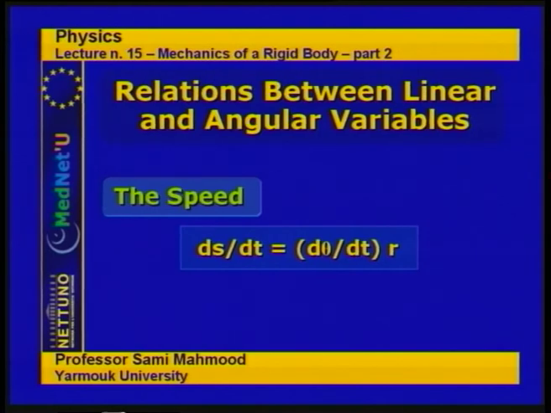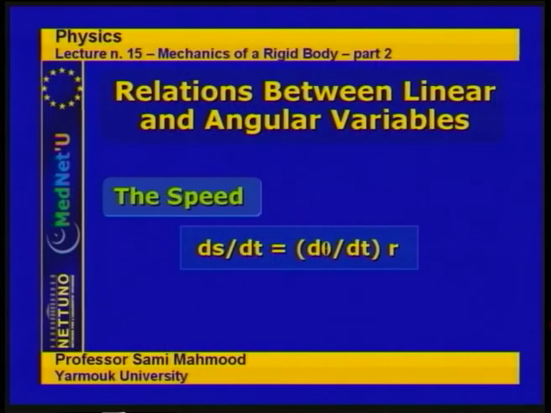And this definitely gives a tangential velocity, because s is the arc length, a distance tangential to the arc itself. So ds by dt is the tangential velocity, tangential to the circular path.